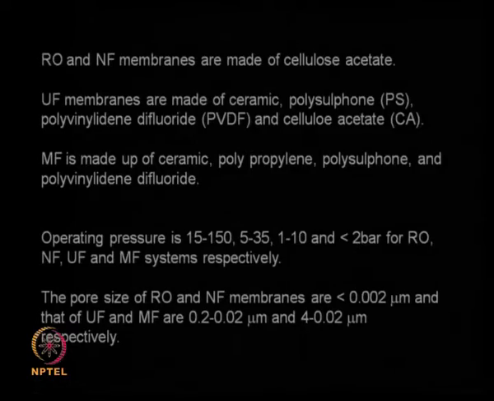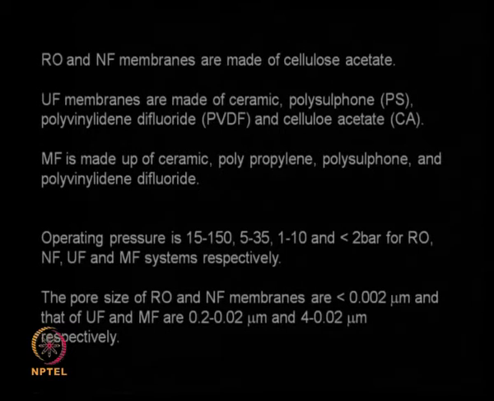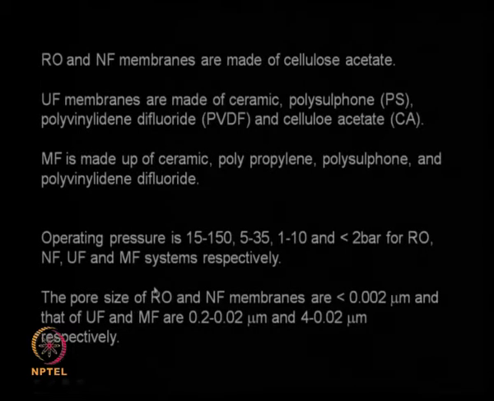Sometimes if you want to do an RO type of job, you may have an ultrafiltration before to capture as much dissolved solids and suspended solids, then you may go to an RO type of membrane. The pore size of RO is very small, practically no pore size at all, while ultrafiltration pore sizes are much larger, and microfiltration much larger still.